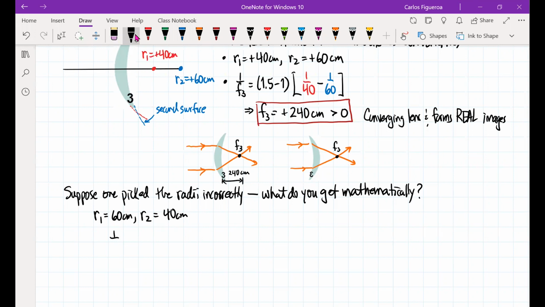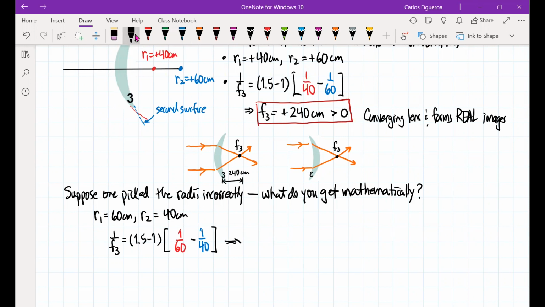If I punch these guys in, I'm then going to get 1.5 minus 1. And then what I'm going to get here is 1 over 60 centimeters minus 1 over 40 centimeters. Note that this is a negative number.